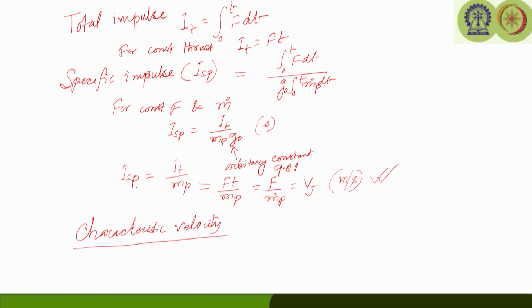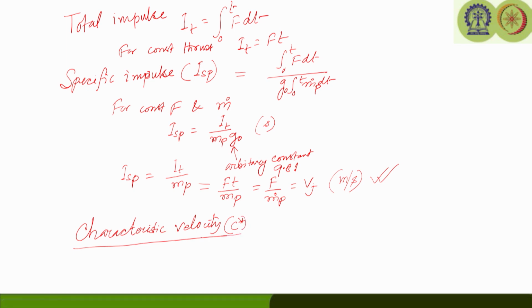Remember, ISP is an important parameter, like for ground transportation such as a car or automobile, where we ask how much mileage it gives, how many kilometers per liter of petrol or diesel. It is a similar concept in rocket literature, where ISP is an important parameter. Another important parameter is called characteristic velocity, which is denoted by the symbol C star.